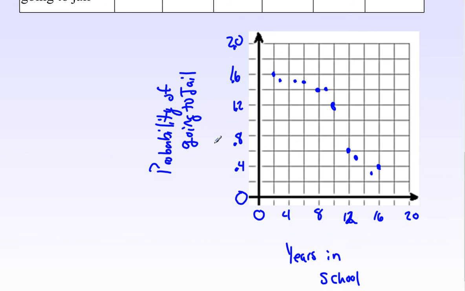Yeah, I mean, look at this data. This data definitely has a pattern. It's not no correlation. There's not dots everywhere. So there does appear to be a relationship between the amount of time somebody spends in school and their probability of going to jail throughout their lifetime.